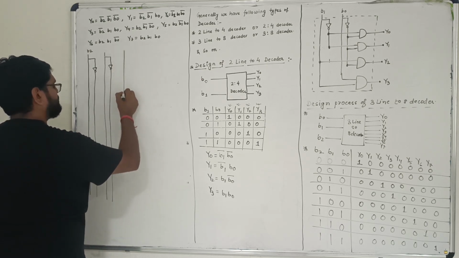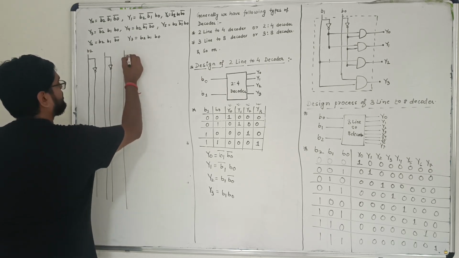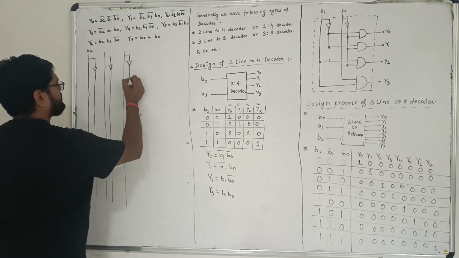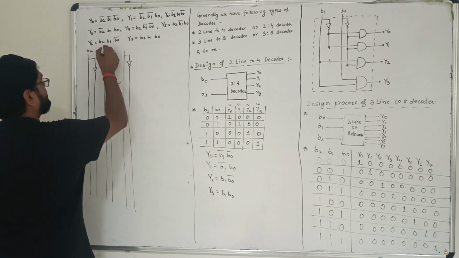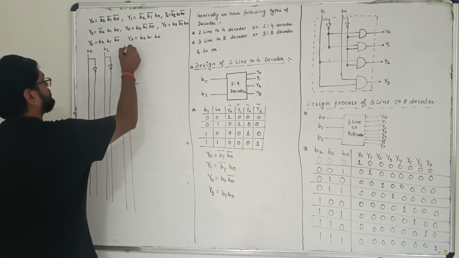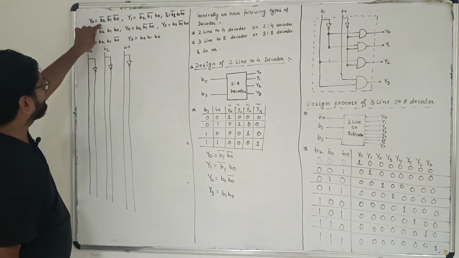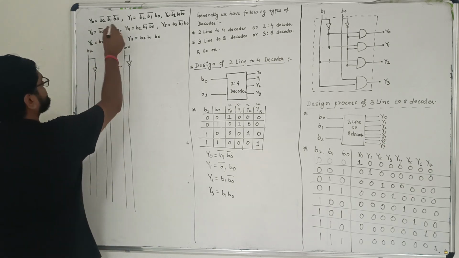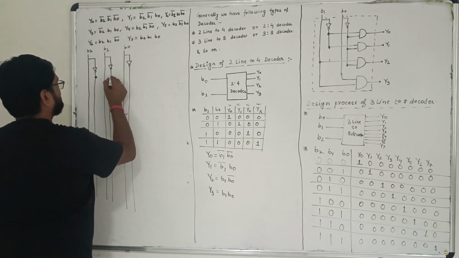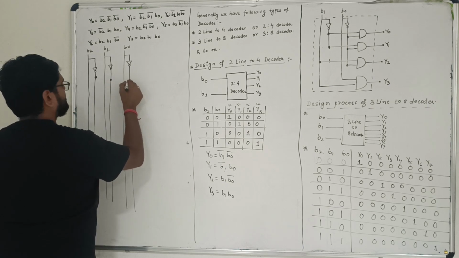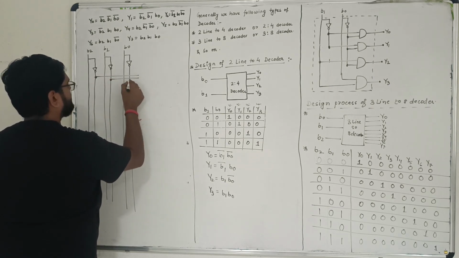Finally, we'll go for b0, we'll take the negation of that. After taking all these values, b2, b1 and b0, we'll just go on drawing the diagram depending on these Boolean expressions. So the first one is b2 bar, b1 bar, b0 bar.